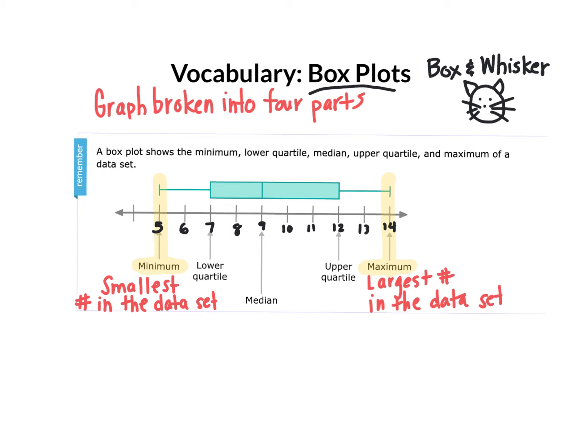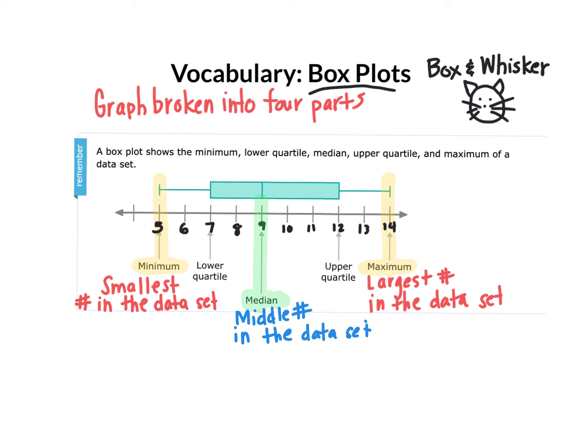This is one of those things we already know, our median, which, if you remember back from our notes from mean, median, mode, and range, it's the middle number. Middle number in the data set. Okay, and we'll talk about what that means in just a minute. Okay, so say for instance, you have a data set.